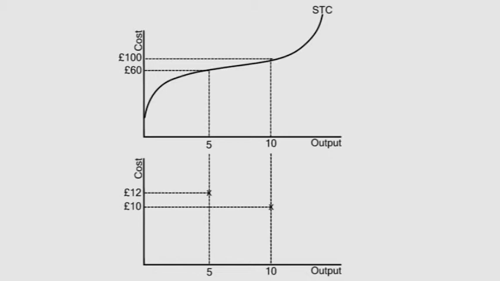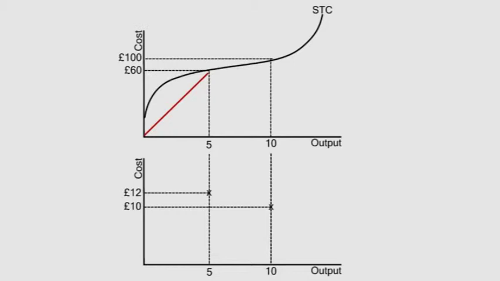And we can do so very simply by observing that at 5 units of output, we've divided this distance here, the total cost, by this number of units of output, 5, and that gives us the slope of that ray from the origin, which is average cost.